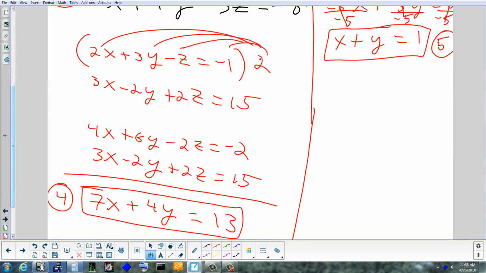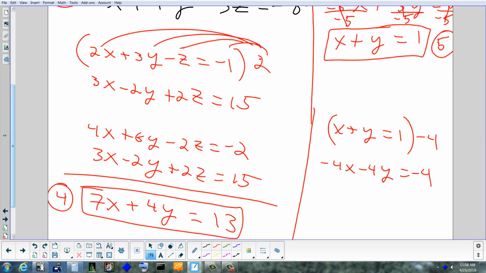Now, what could you multiply that equation by to cancel either the X or the Y? Yeah, multiply by negative 4. So that's going to give me negative 4x minus 4y equals negative 4.